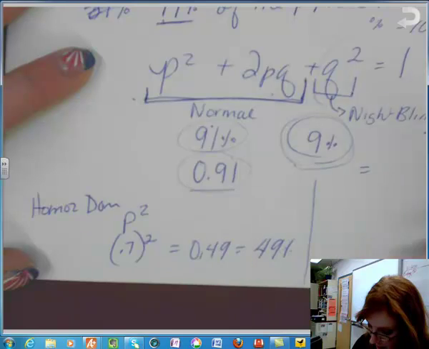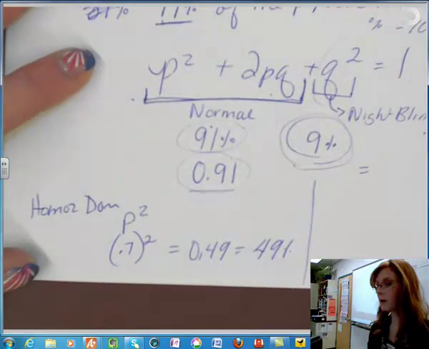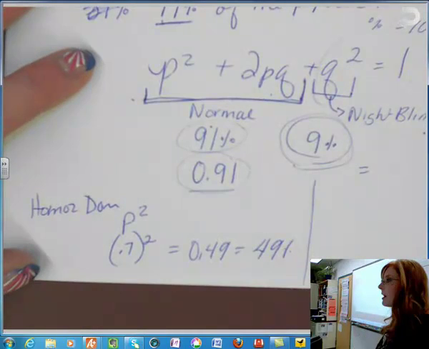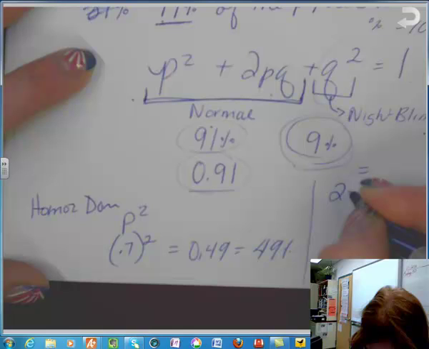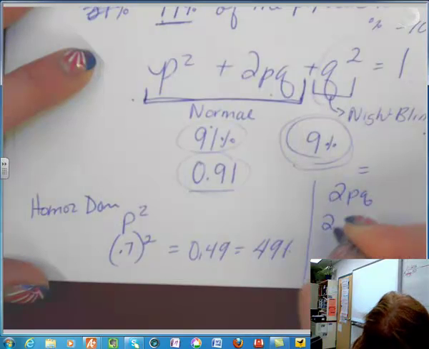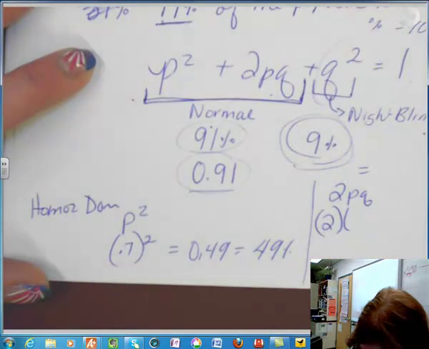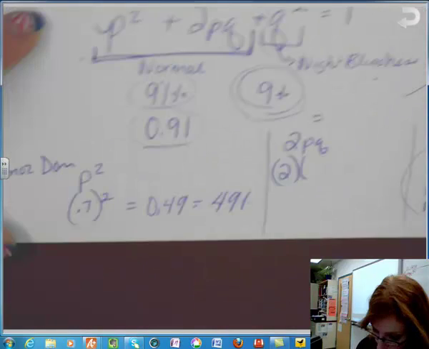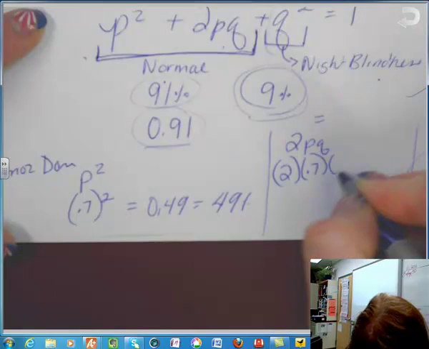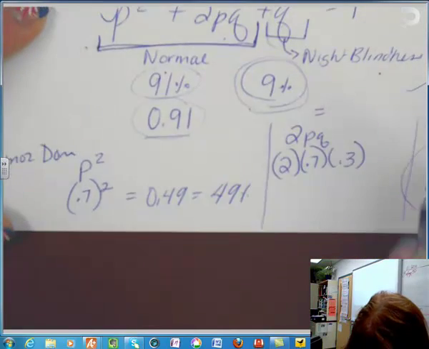The last question I could ask is, what is the percentage of the population that is heterozygous for this trait? What do I solve for? 2pq, right? So we write down 2pq, and I sub in, so I go over here and I say 0.7 is p, so 0.7 times q, which is 0.3.